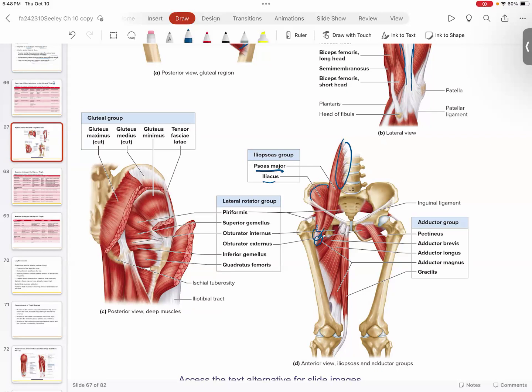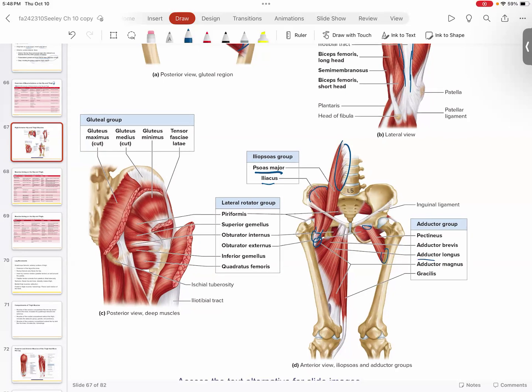And then your pectineus, which is going to be attaching the lower portion of your pelvic girdle to your femur. And then also to that is going to be your adductors, right? So we saw a lot of these. For instance, we saw adductor longus, which is kind of a long adductor that attaches to the lower portion of your pelvic girdle and then to the side of your femur.